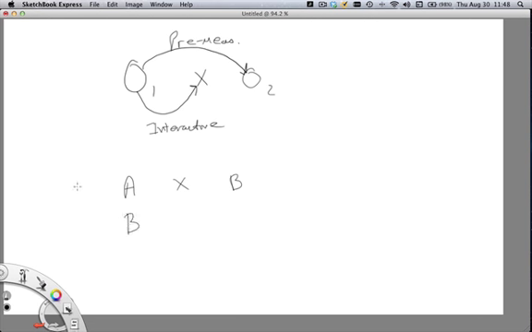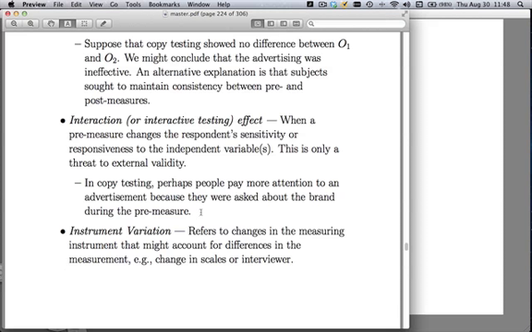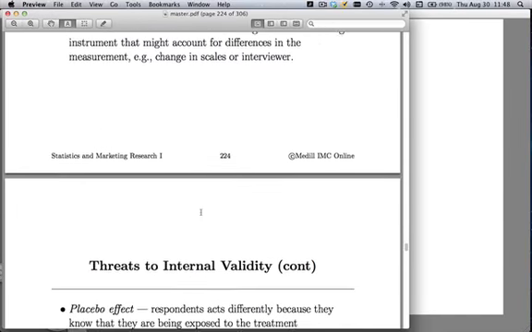You have a different group with random assignment who first reads article B. They also get the treatment, and then they get article A. So if B is easier than A, you'll be able to sort that out when you compute your differences. That's how you avoid instrument variation.